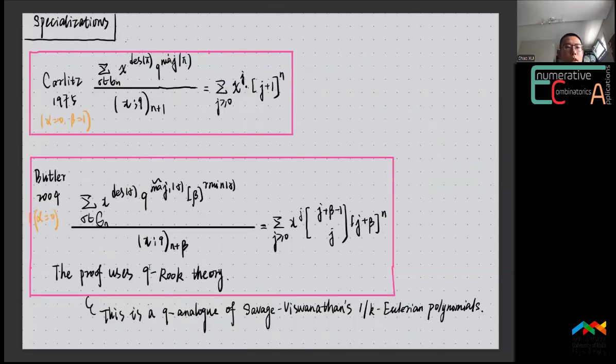There are two special cases, by Carlitz and Butler, when alpha equals 0, beta equals 1, and alpha equals 0. And Butler's result is the q-analog of Savage's result, the 1 over k Eulerian polynomial.